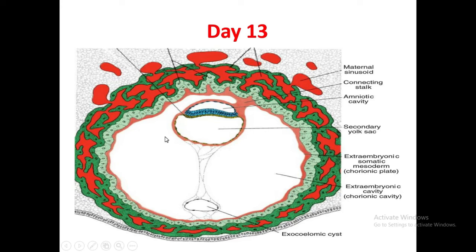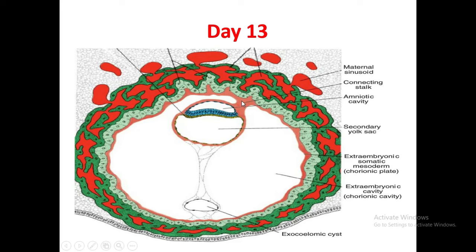What is the chorionic plate? The somatopleuric layer of extraembryonic mesoderm that lines the cytotrophoblast now forms the chorionic plate. This is the chorionic plate, and this is the chorionic cavity. What is this? This is the connecting stalk.